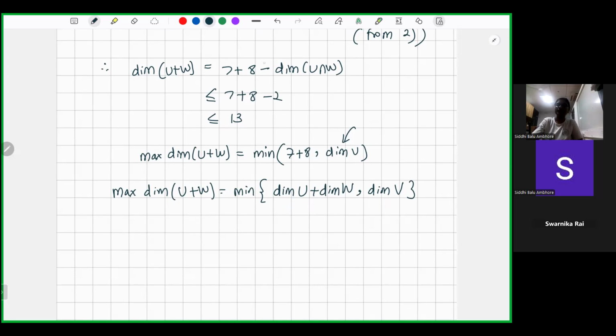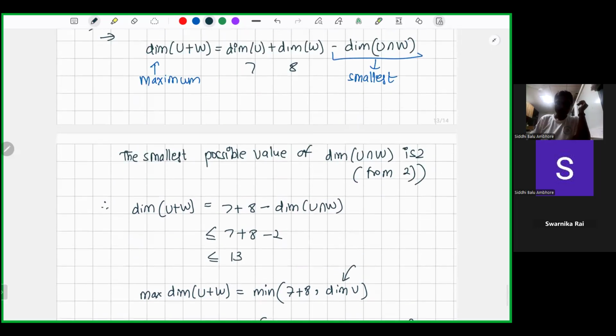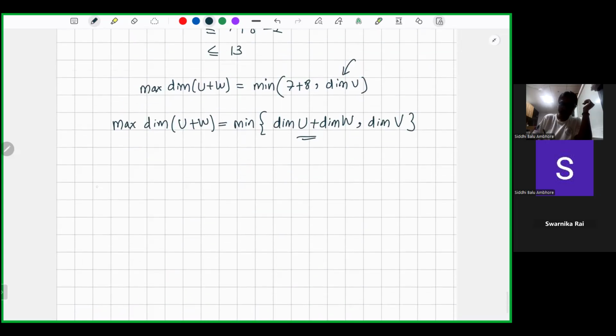That's why it is the minimum between these two things and the original dimension. If the addition exceeds the dimension of the original vector space V, then the minimum is the dimension of V. And if the addition is less than the original dimension, then it will be equal to the addition of the dimensions of the two given vector spaces. Right. And now the fourth part.